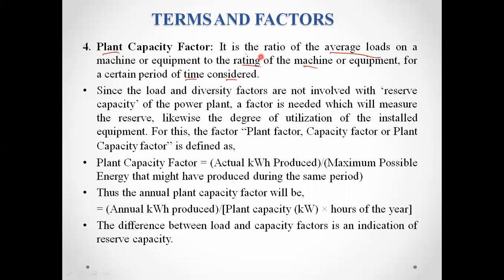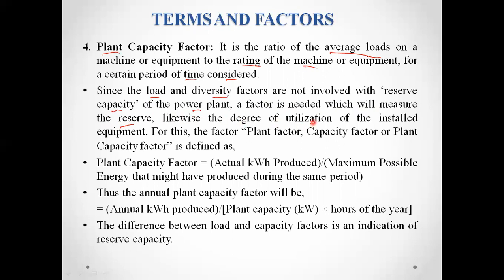This is almost the same as the utility factor, but here we have to consider a certain period of time. The load and diversity factors are not involved with the reserve capacity of the power plant, and a factor is needed which will measure the reserve. This reserve we will study next.